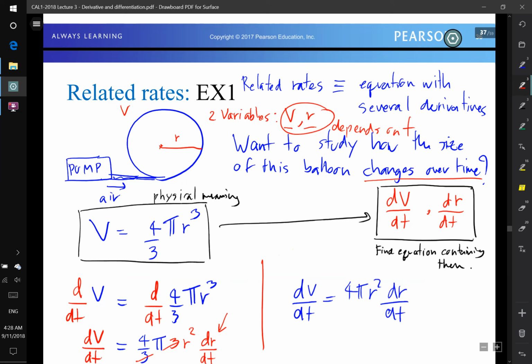So in this equation, we can see that we have a relationship between dV by dt and dr by dt, two rates in one equation. This equation is what we were looking for, the relationship between dV by dt and dr by dt.